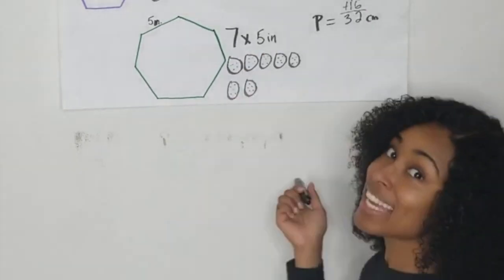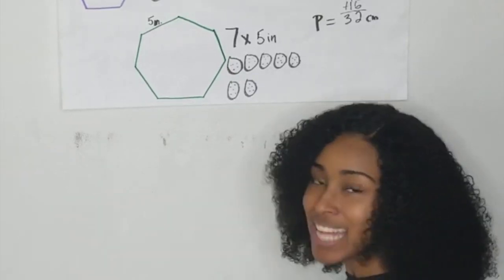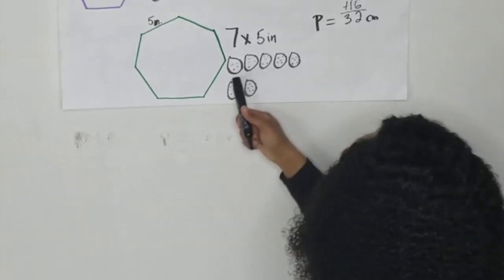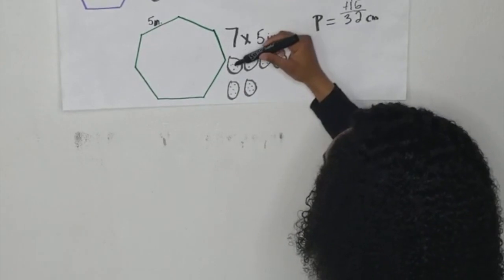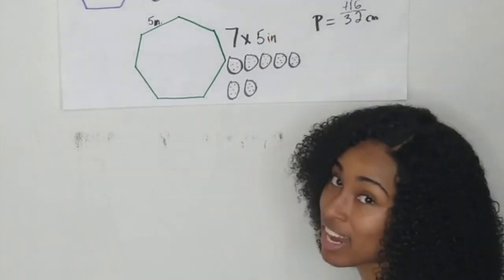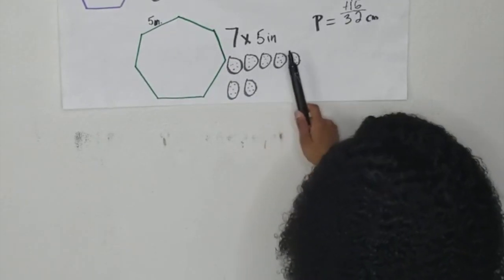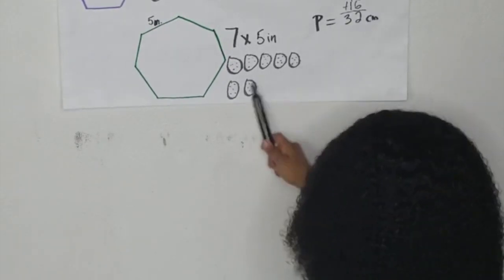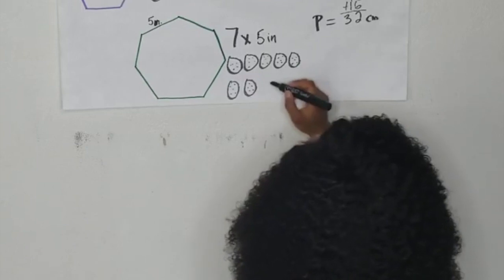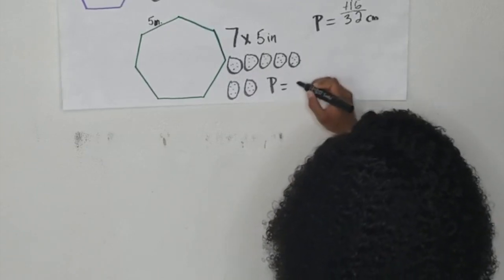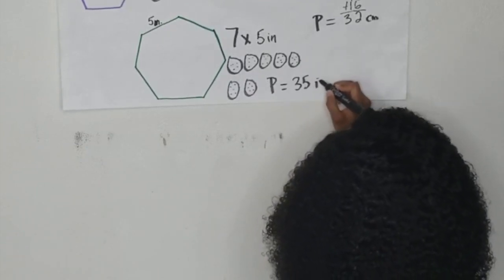I can count by 5, and I know all of you guys can count by 5s too. So let's count by 5 since there are 5 in each one of these groups to get our answer. Get ready, go. 5, 10, 15, 20, 25, 30, 35. So my perimeter equals 35 inches.